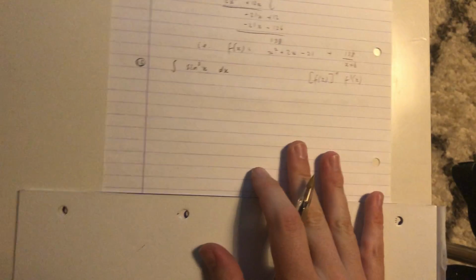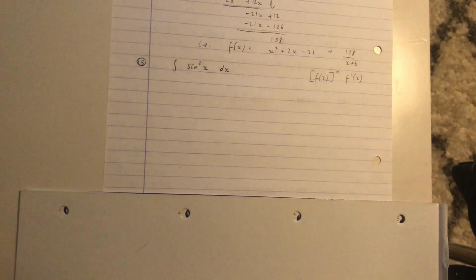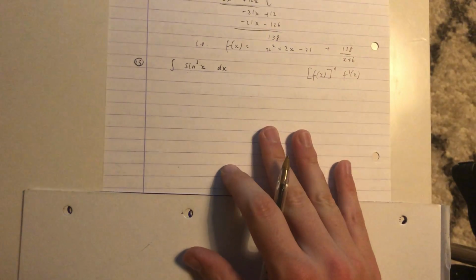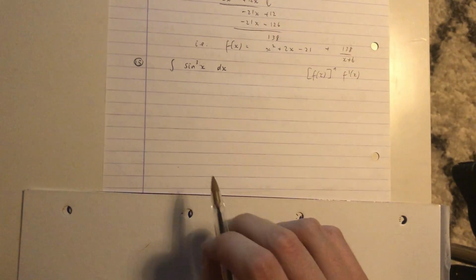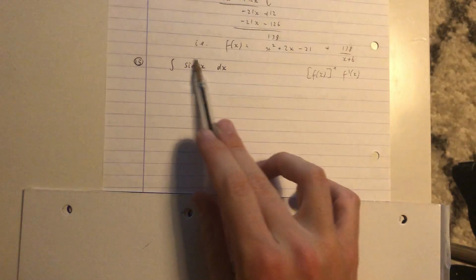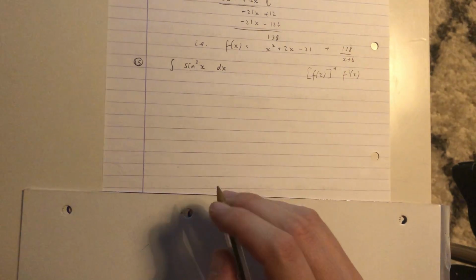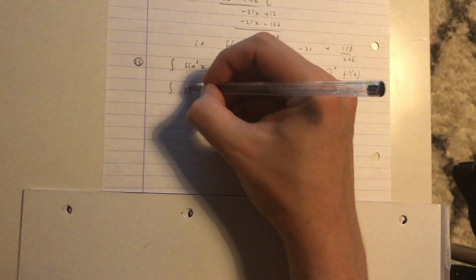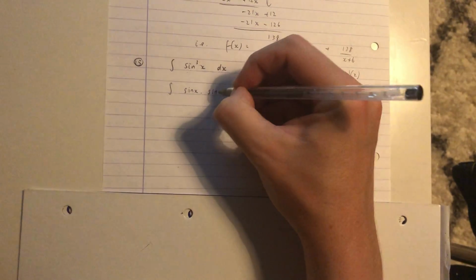But it is not that, it's just sine x times sine x times sine x, so can't use that yet. I don't like the fact that it's a power of 3, so what I would do first is try and reduce that. So I'll remind myself that that's the same as sine x times sine squared x.